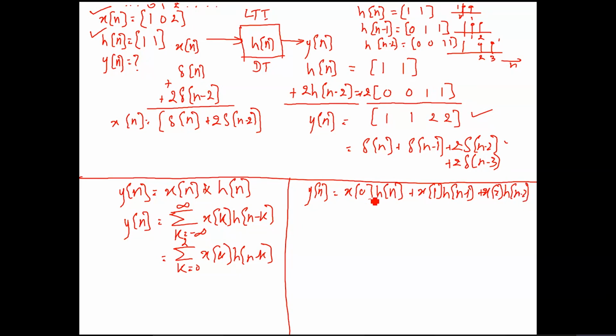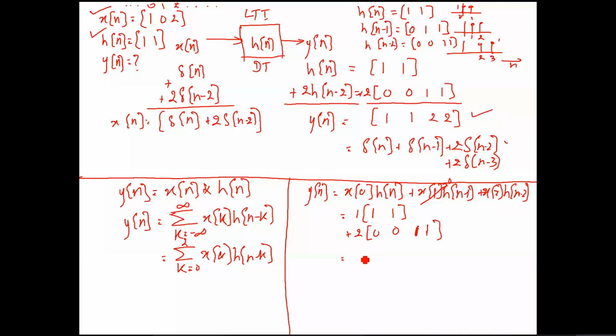This x of 1 is 0, we know, and this value is 1, this value is 2. So we write it as 1 times h of n, and h of n was 1, 1, plus, let's write it here, the x of 2 part is 2 and h of n minus 2 is 0, 0, 1 and 1.